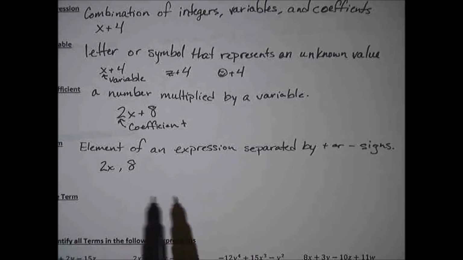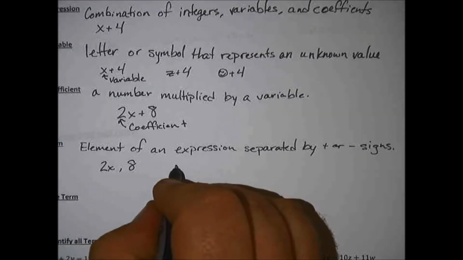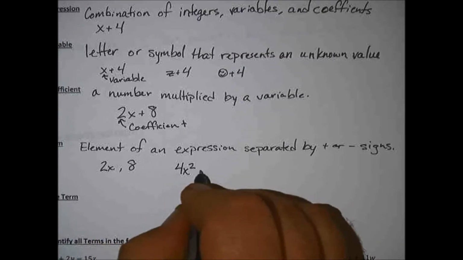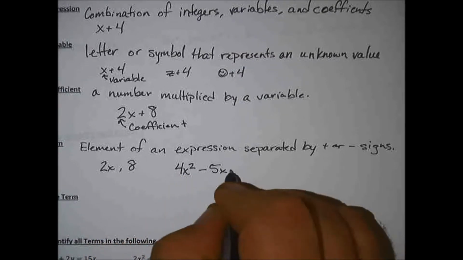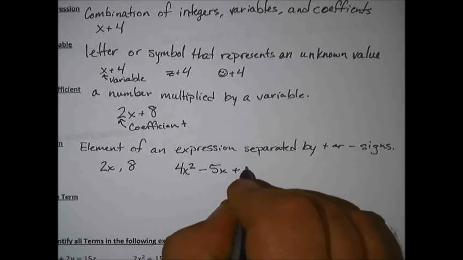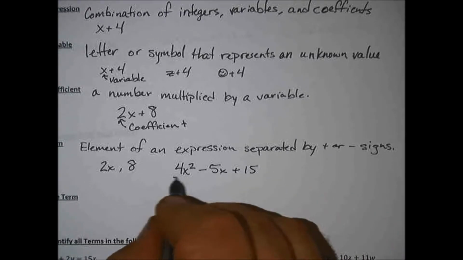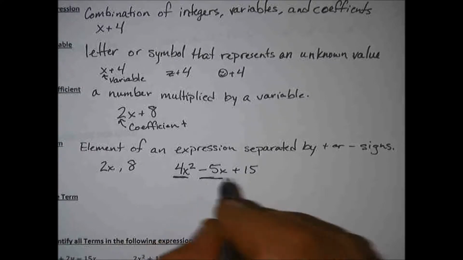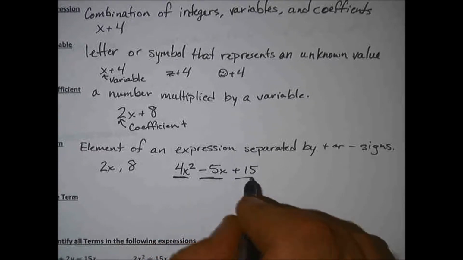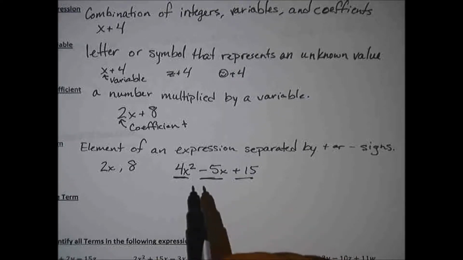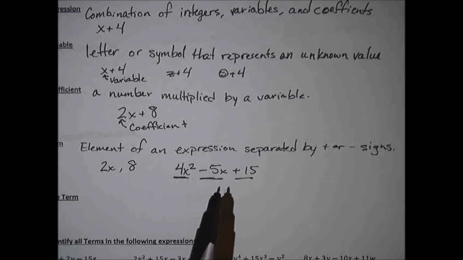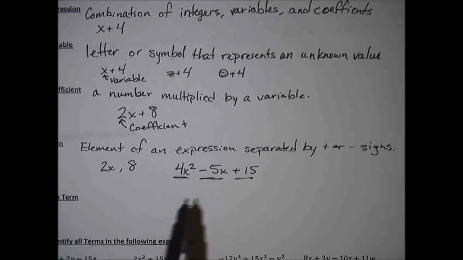Okay, even if I had, let's say, 4x squared minus 5x plus 15, okay, 4x squared is a term, negative 5x is a term, and 15 is a term. Usually I incorporate the sign in front of the coefficient to include that in what I consider to be the term.